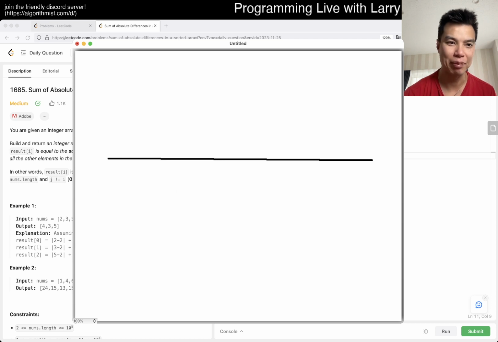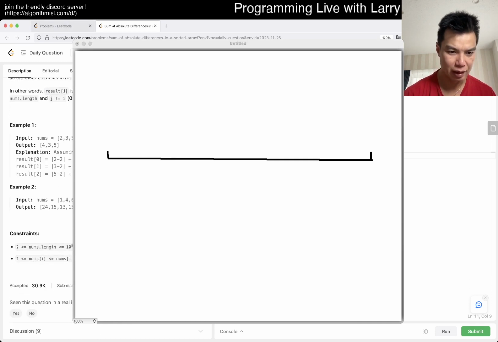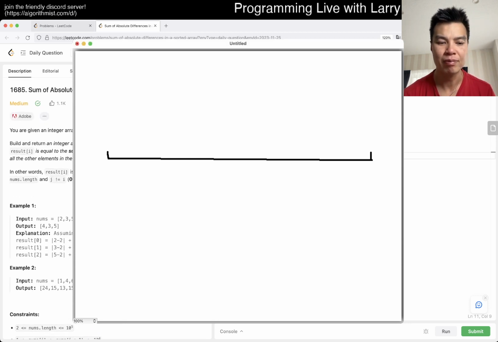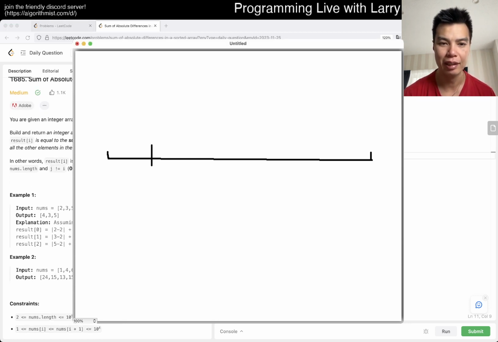So basically the number line, and in this number line, you have a sorted list of, do they have to be unique? I guess no, they could be the same. Only goes to 10 to the 4th as well. But basically you have some points.